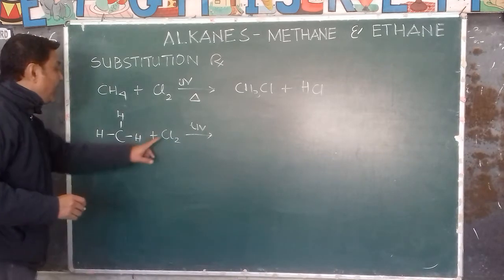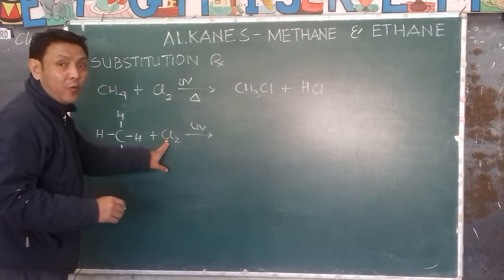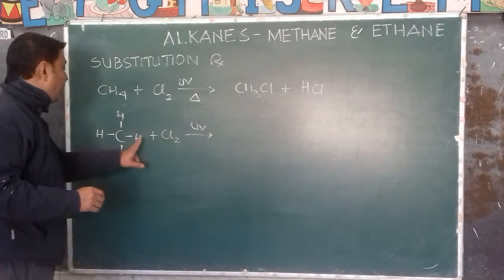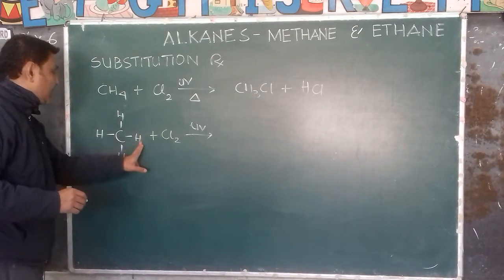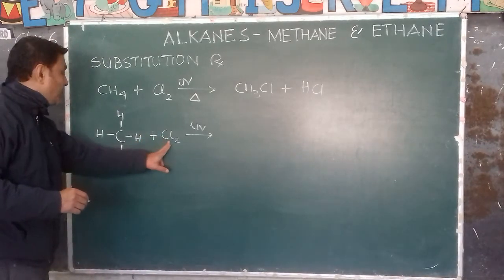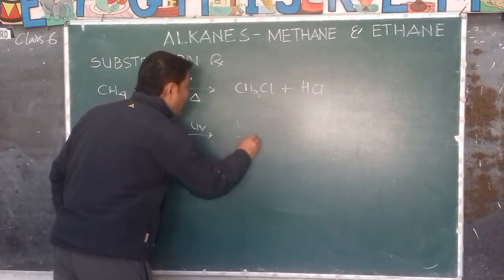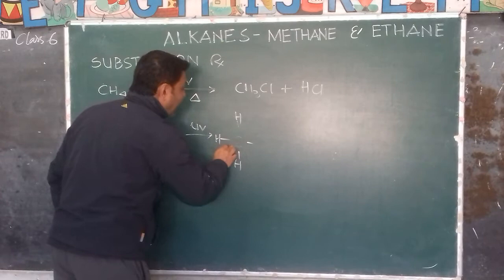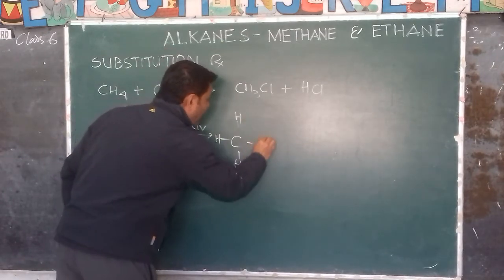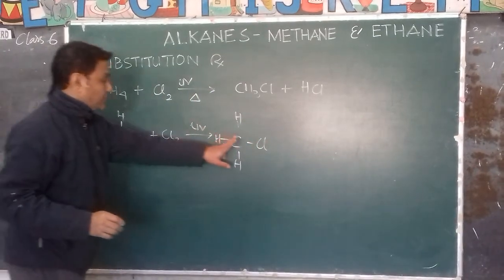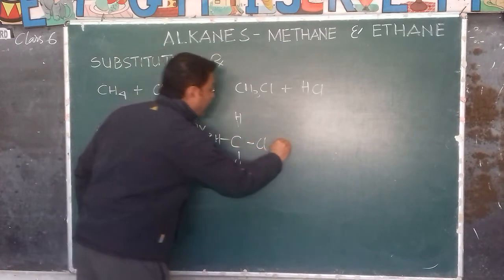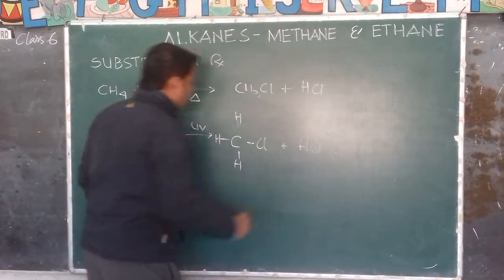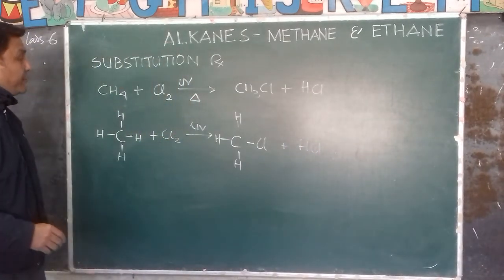One hydrogen will be substituted at a time. One hydrogen of this methane will be substituted with chlorine. So what is formed? Methyl chloride, CH3Cl. This hydrogen will be substituted by chlorine and then we get HCl. So this is a substitution reaction.